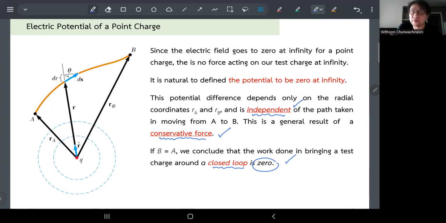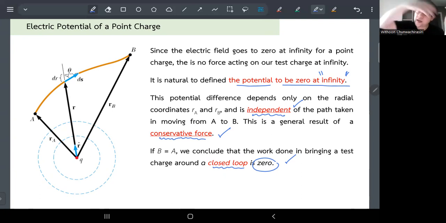Because potential must be a relative value to something, right? So the potential is taken to be zero at very, very far away. This is just to make everything perfect in terms of the definitions that we have used for potential.